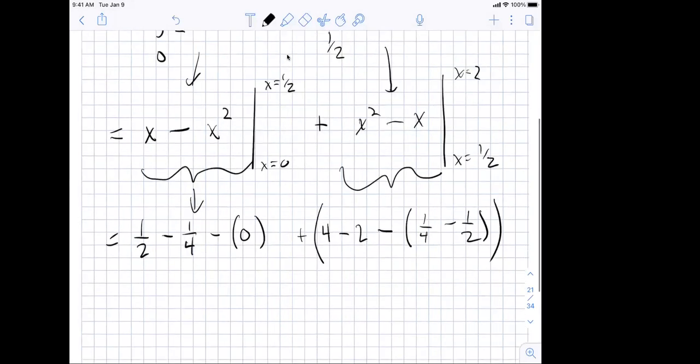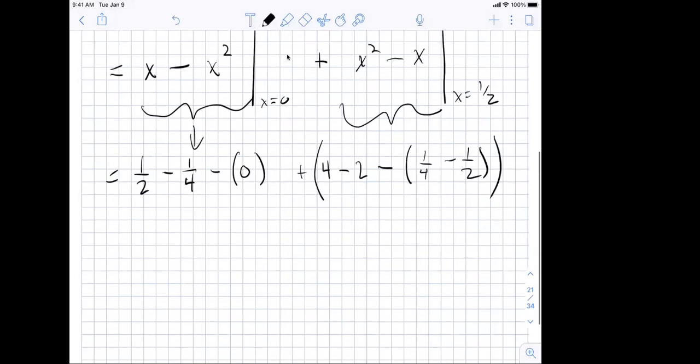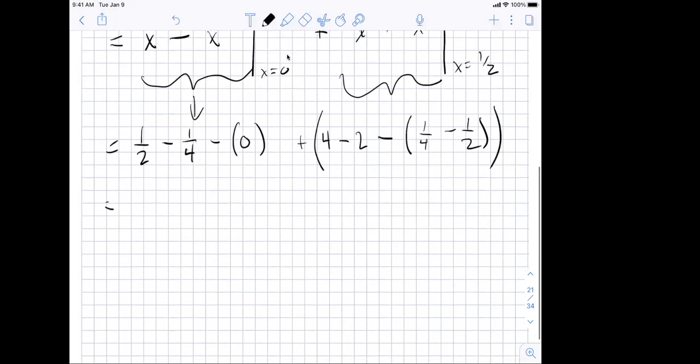Okay. Questions so far? And now the rest is just arithmetic. And I know sometimes the arithmetic is the hardest part, but in theory, it's not that bad. So 1/2 minus 1/4, what is that? 1/4. 1/4, very good. You're going to get 1/4 minus 0. I'm not going to write that. Plus 4 minus 2 is 2 minus 1/4 minus 1/2. Well, that's minus 3/4, right?